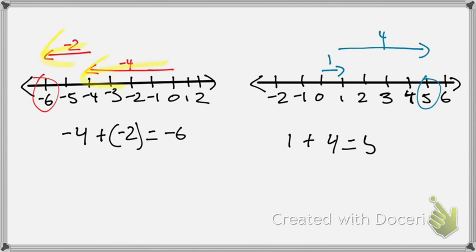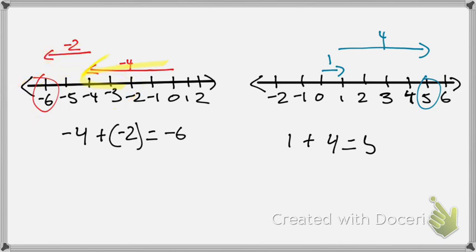So no matter what, if I'm adding two negative numbers, I'm going to go to the left and then further to the left. So what type of numbers are on the left side? They're negative numbers, right? So whenever we add two negative numbers, it's just going to make a bigger negative number. Because on the number line, you go back for a negative number, and you go back again for a negative number. That means you're going to make a bigger negative number.